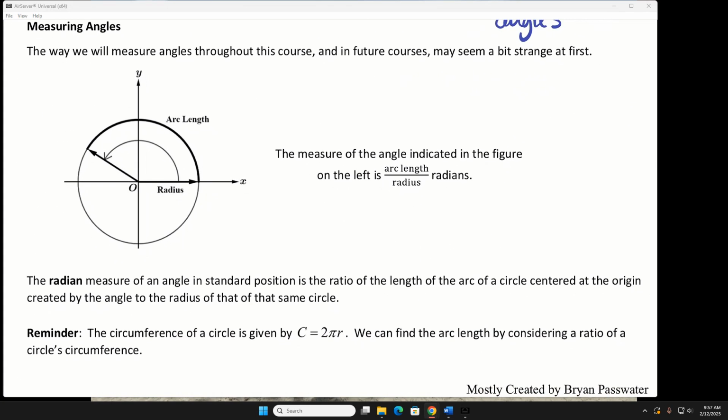Like I said, we are going to measure angles in terms of radians. To figure out how many radians an angle is, you take the arc length, the length of the rotation around the circle, and divide that by the radius. That gives you the angle in terms of radians.